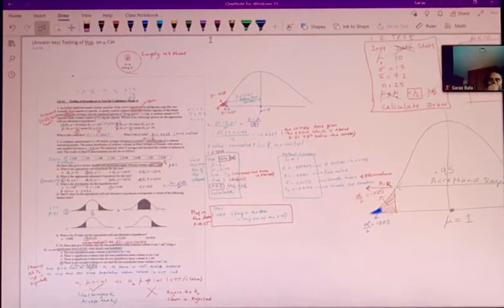And then Tuesday, yesterday, we talked about how to find the sample size. So with the deduction that as n increases, your sigma over square root of n decreases, and so your margin of error is going to decrease.